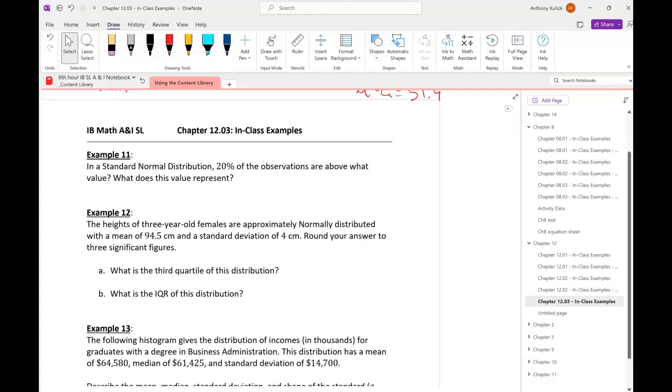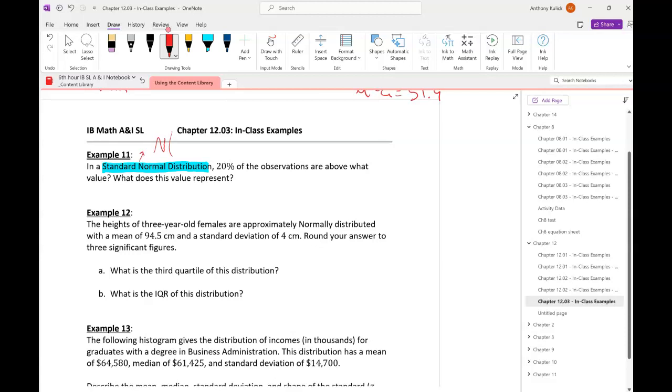In a standard normal distribution, what does standard normal mean, Matt? What is that telling us? What's the mean and standard deviation?